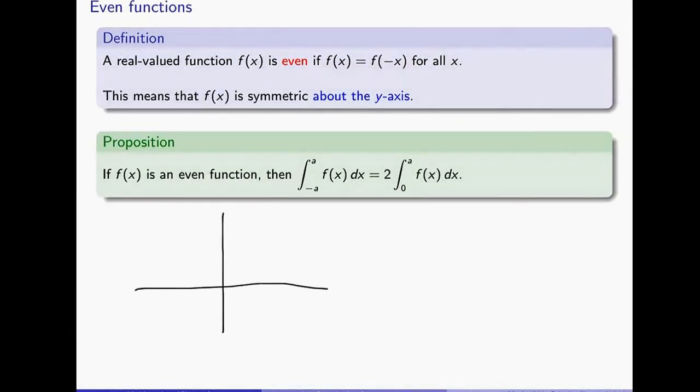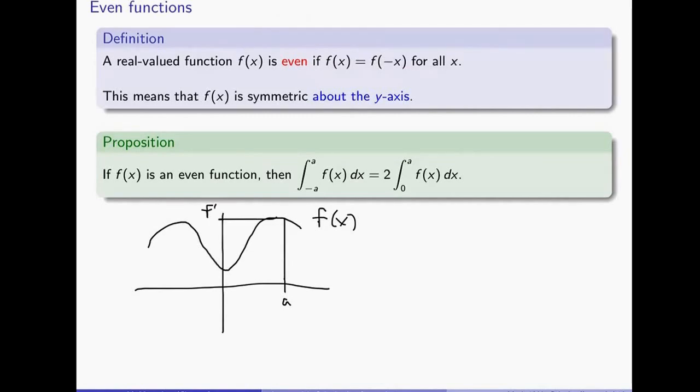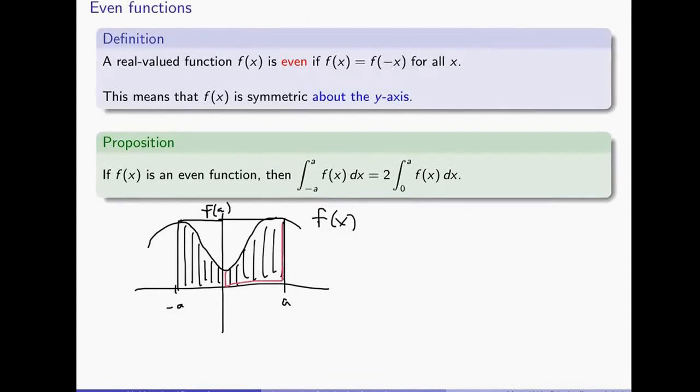As an example, let's say f of x is even because f of a, whatever that is up here, is equal to f of negative a. So clearly the area under the curve, just by simple symmetry, is going to be equal to double the area under the curve of the right region of this. And that's all there is to it.